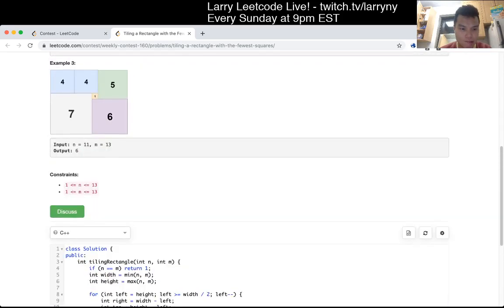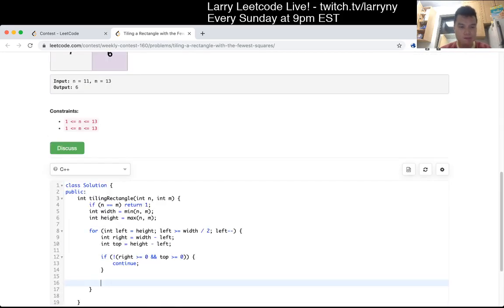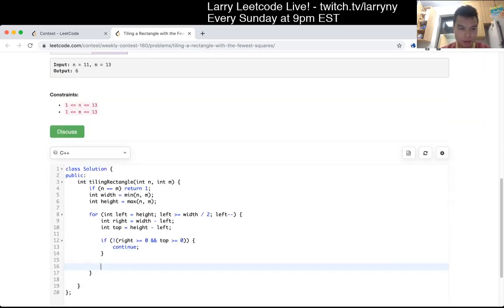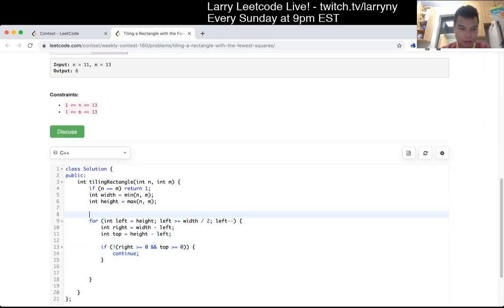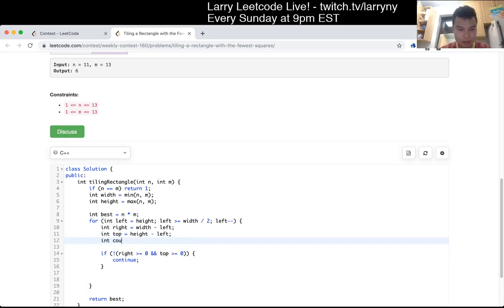Otherwise, well, so you could always do that. Oh, 1 square here.